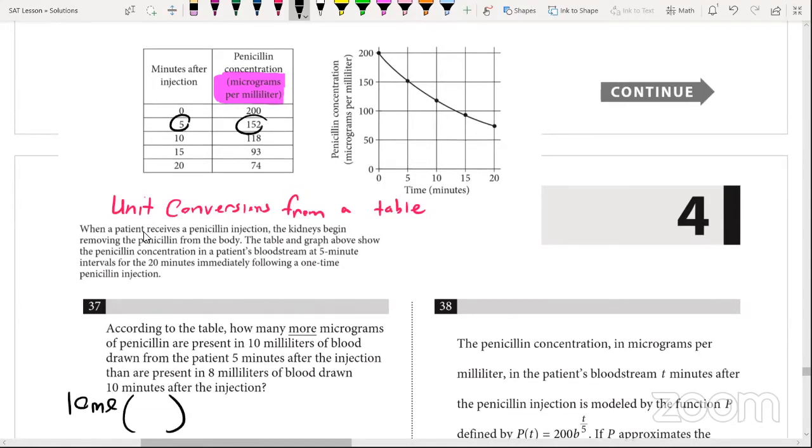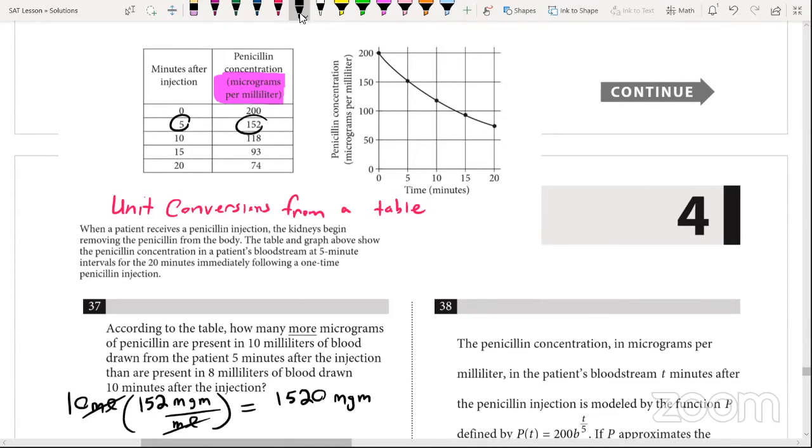So 5 minutes after, we're talking about 152, and 152 what? Micrograms per milliliter. So right there we have 1,520, 10 times 152, and the milliliters cancel, one on the top, one on the bottom. And so now our unit is micrograms.